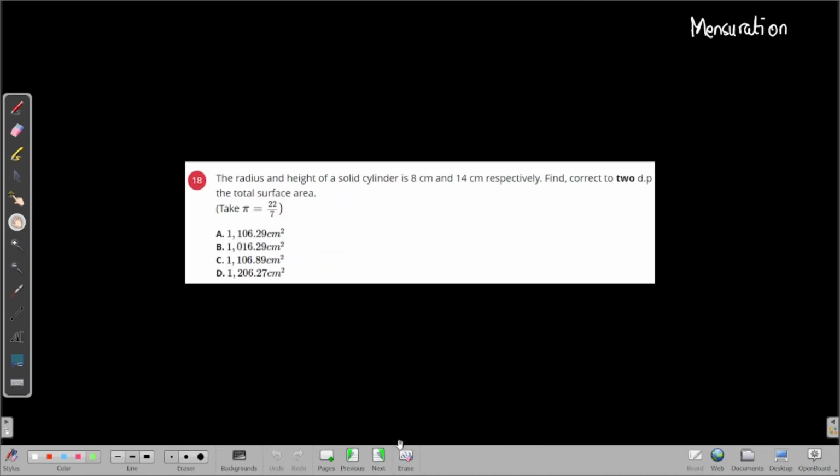Okay, the radius and height of a solid cylinder is this. Find the total surface area. So what's the surface area of a cylinder? It is 2 pi rh plus 2 pi r squared.